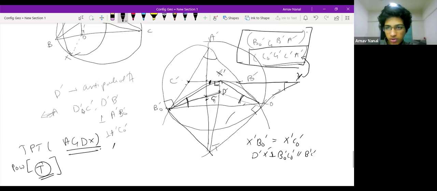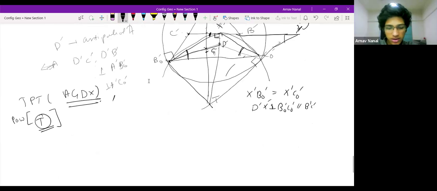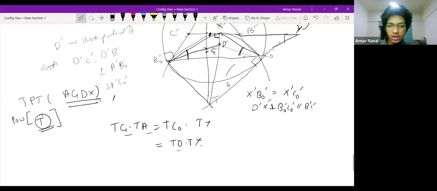So you get that Y lies on this circle. You can angle chase in many ways. And so now it's quite easy to finish. You get that TG times TA is equal to TC naught times TY is equal to TD times TX, and so G, A, D, X are cyclic.